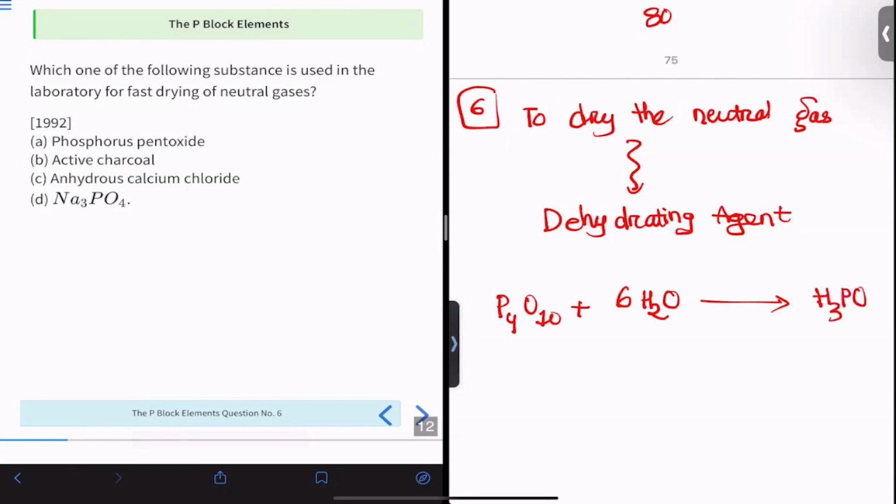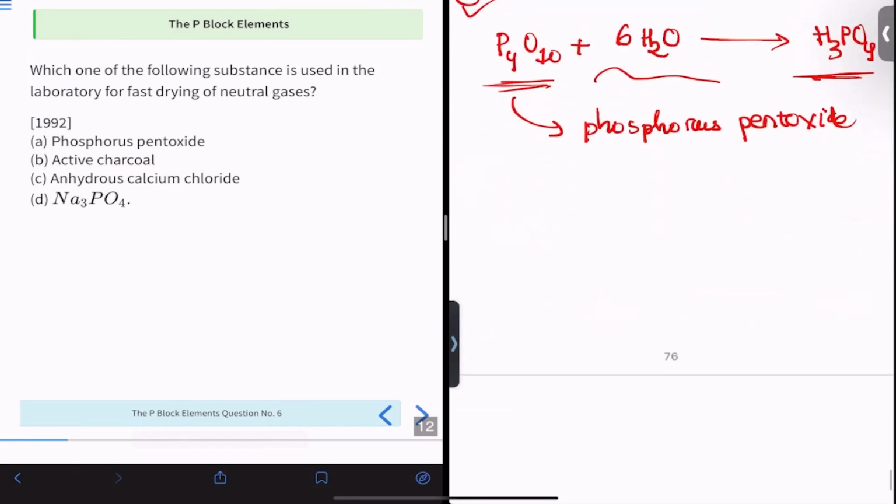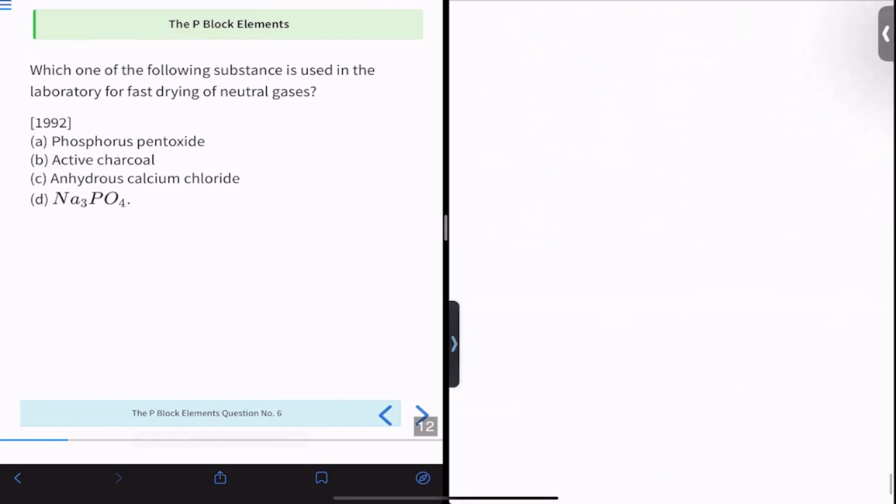Phosphorus pentoxide, option A. It absorbs all the water and forms the compound H3PO4. Okay, guys. So with this, I'll move to the next question.